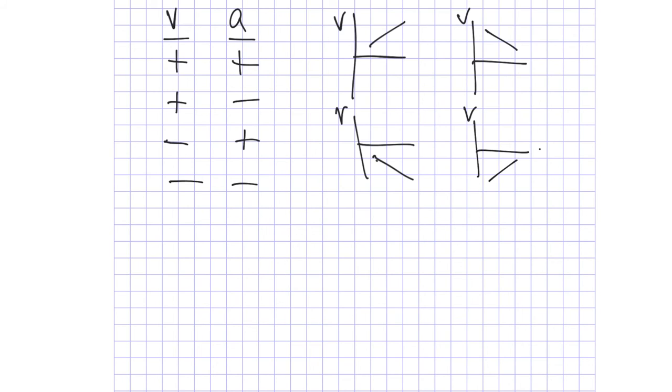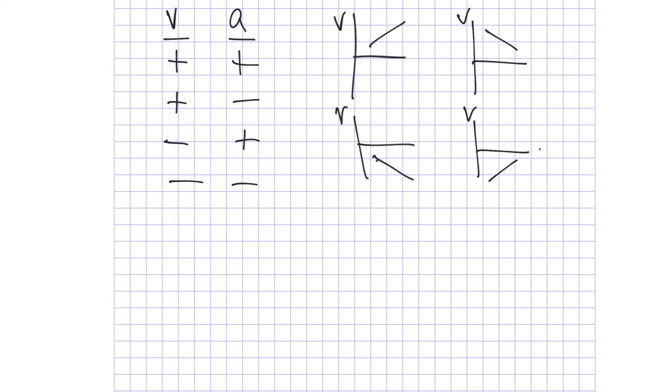On the positive side, so at the top, right? So these top 2 graphs are both positive velocity. Do you see that? And the bottom 2 graphs have negative velocity numbers. So you know that the top's going to be 1 or 2, and the bottom's going to be 3 or 4, right, from the packet.